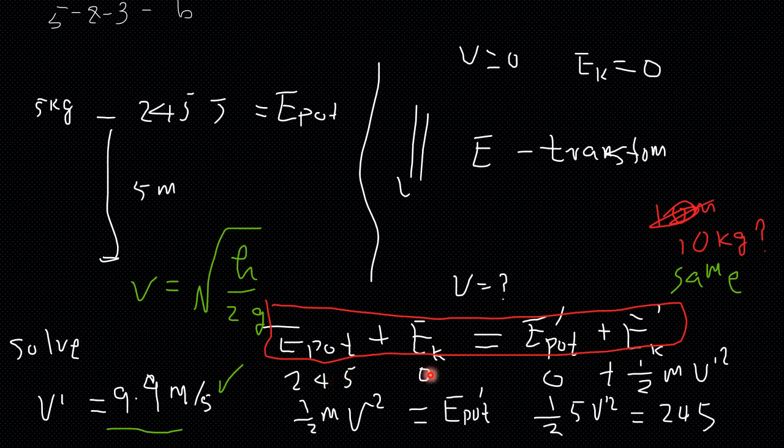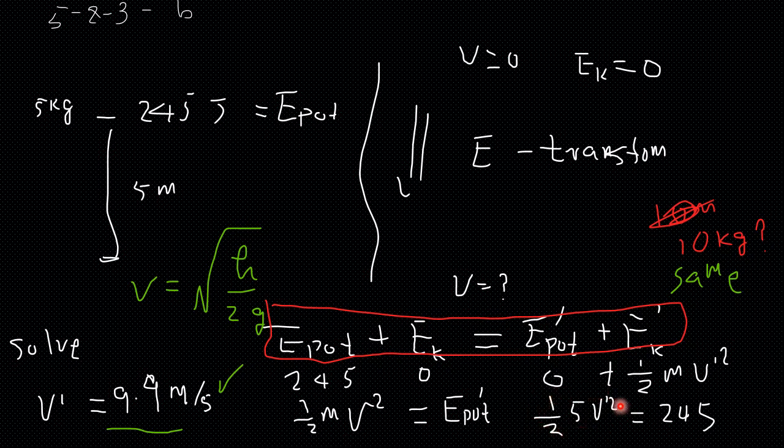So 245 is the total on the top, where kinetic is 0. And at the bottom, the potential will be 0 because the height is 0, and the kinetic energy is what we want to find, half m v squared. If you solve this equation, there is only one unknown.